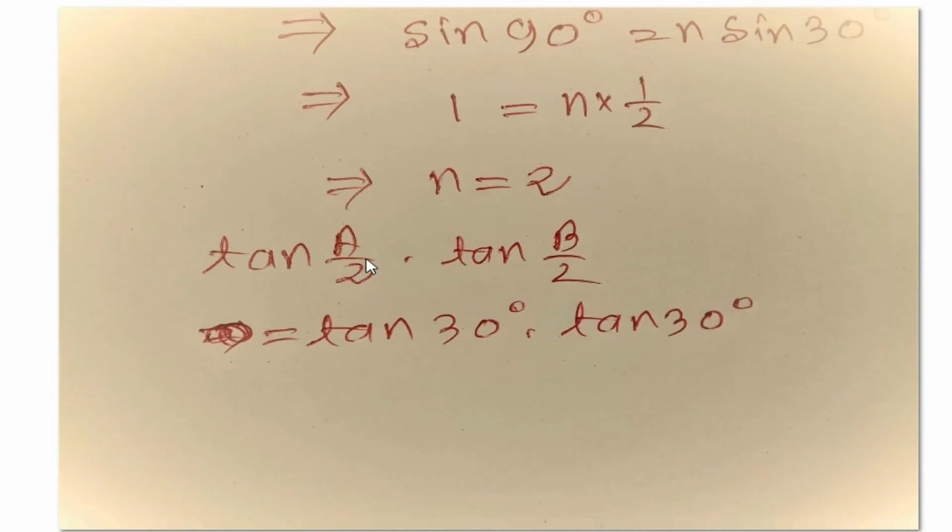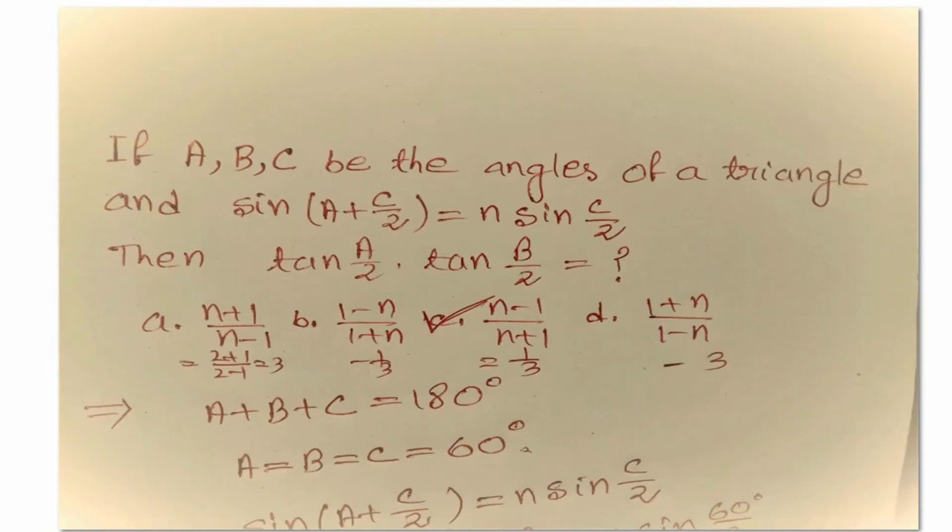Now in the question, tan(A/2) tan(B/2). So tan 30 degrees, tan 30 degrees, because A is 60 degrees, 60 over 2 is 30 degrees. Now we get the value 1 over 3. Now we will put those values, n equals 2, in the options. We have 3, minus 1 over 3, 1 over 3 and minus 3.